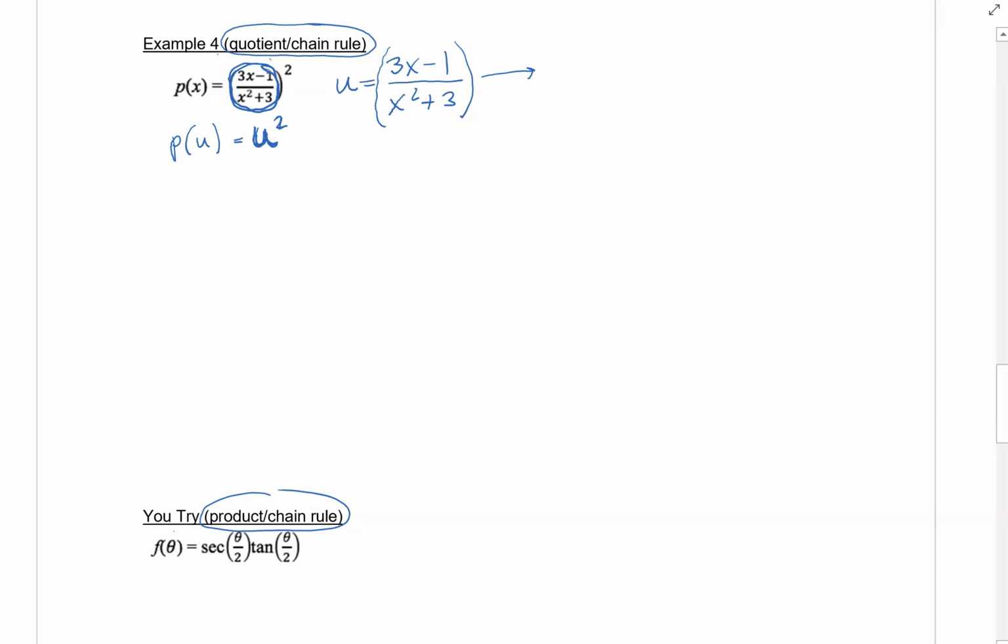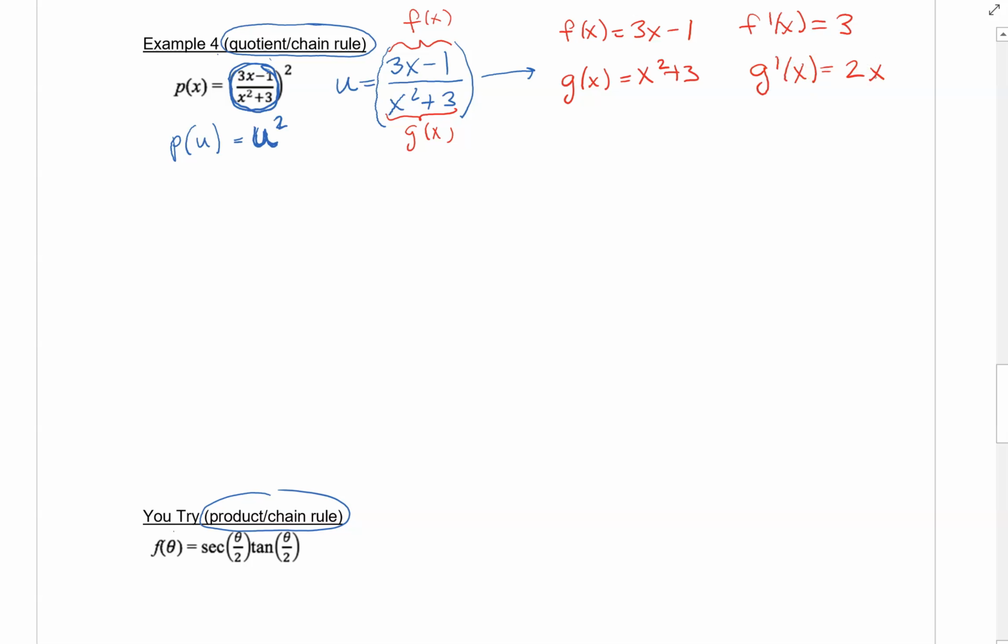So let's say that f of x is this top function and g of x is this bottom function. So I've got these two functions, and then their derivatives would be, f prime would be 3 and g prime would be 2x using the power rule and the constant rule.